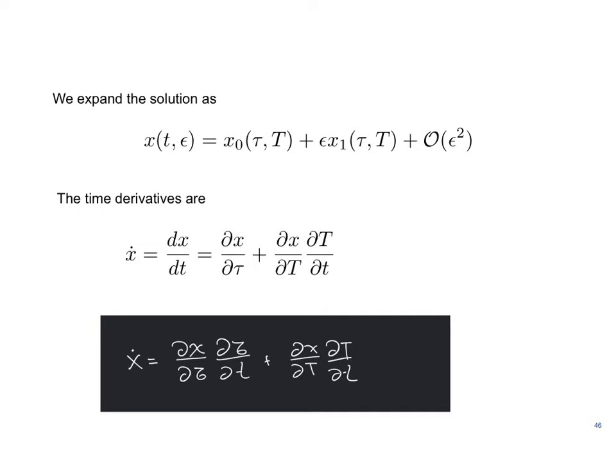Let's remember what we defined before. We have tau is equal to t, and the slow time is capital T equals epsilon t. Based on this, we can know the value of this one.